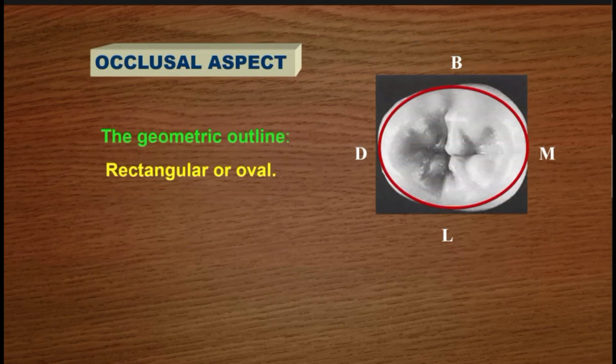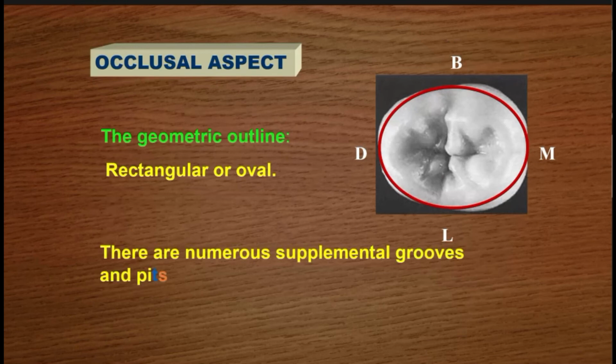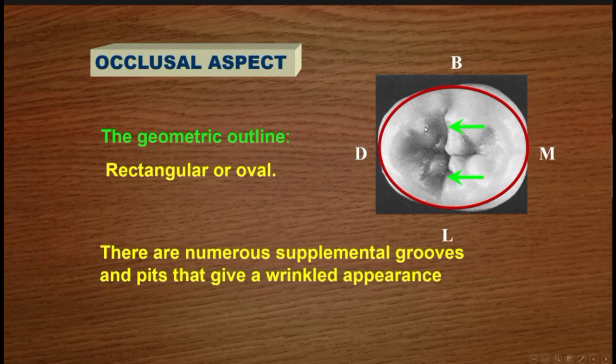Occlusal aspect: the geometric outline is rectangular or oval. There are numerous supplemental grooves and pits that give a wrinkled appearance. In the third molar, upper and lower, there are multiple supplemental developmental grooves. What is a wrinkle?